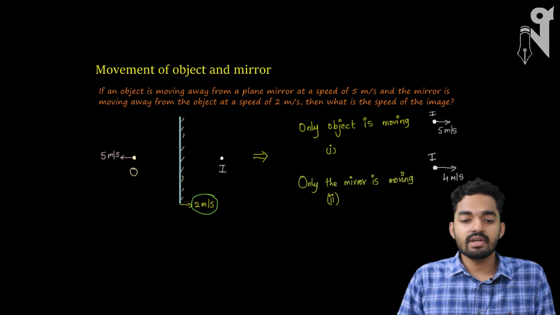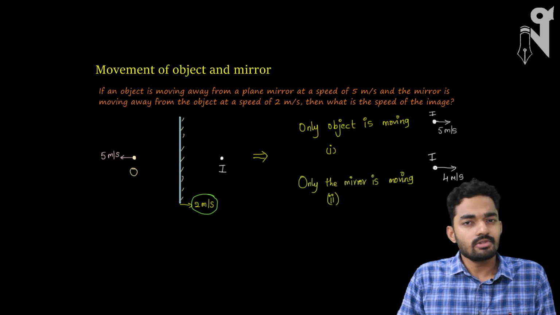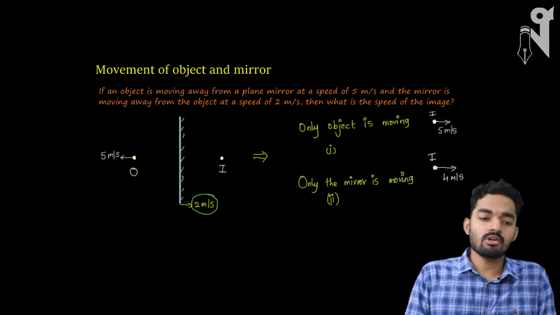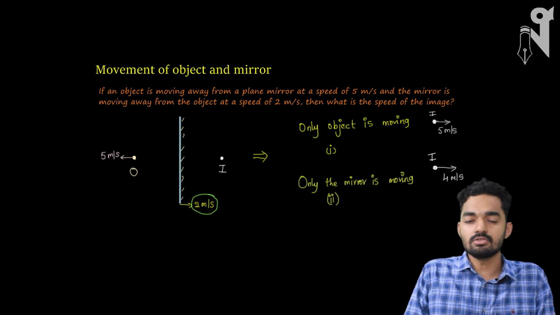Now if the mirror is moving at a speed of 2 meters per second towards right, the image will also move towards right but at a speed which is double that of the mirror. So the mirror is moving at 2 meters per second, so the image will be moving at 4 meters per second towards right. So now what I'll do is I'll combine the motion of the image from these two parts.